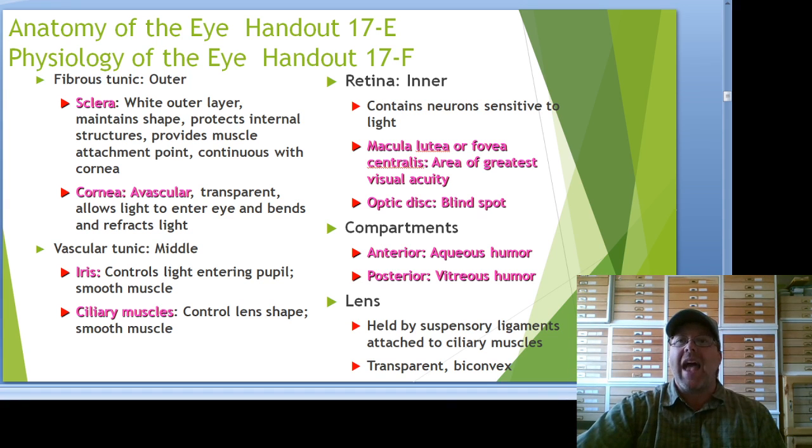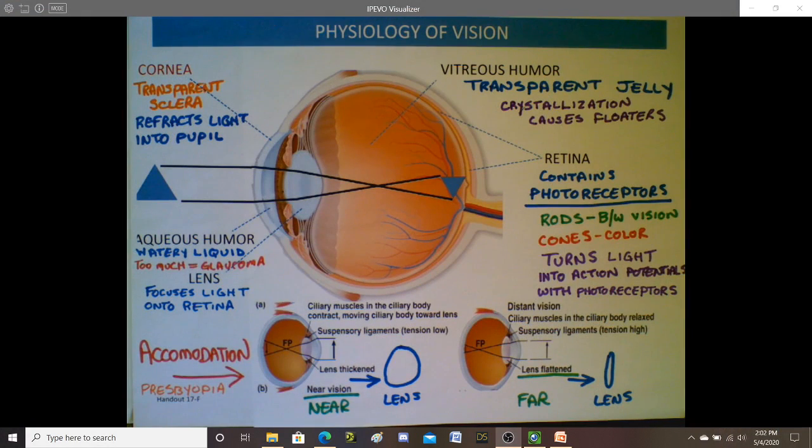Accommodation, as we get older, can become an issue. That lens, as we get older, our lens becomes less and less elastic. And so what it doesn't want to do is relax and become very round. So this right here, where our lens is round, it may not be able to take that shape.